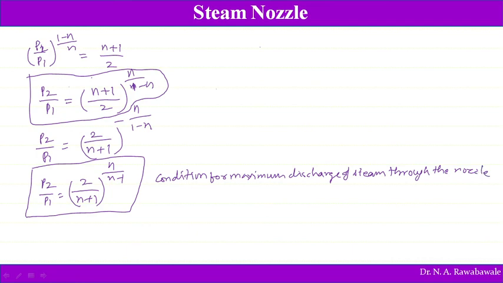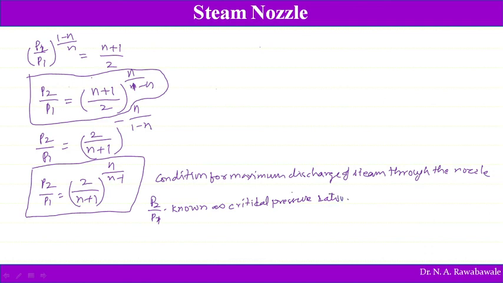So now this pressure ratio P2 divided by P1 is known as the critical pressure ratio. This is known as the critical pressure ratio. So at this condition, whatever the value of P2 divided by P1 is, it is known as the critical pressure ratio.